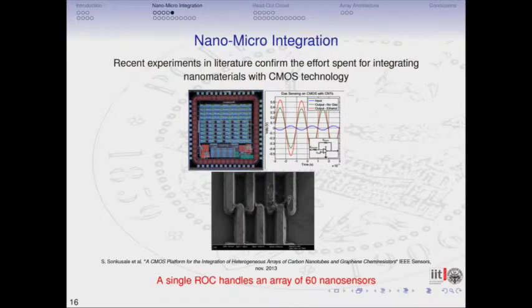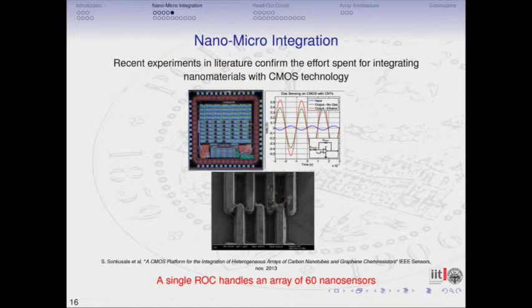In this case, one single readout circuit manages the whole array, but you don't have a device that is really real time, and also the readout circuit is affected by the noise of the multiplexer network conceived to switch the input of the readout circuit from one nanosensor to the other.